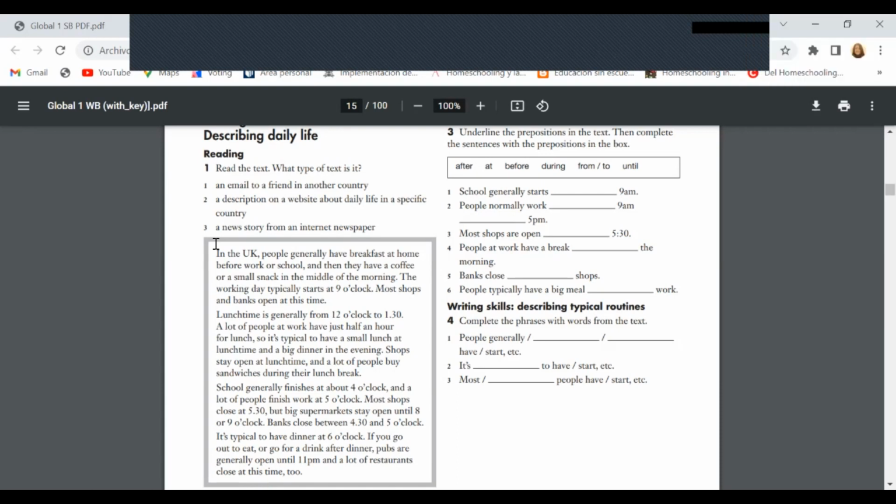Until. Until, good. ¿Cuál de estos sería antes? Before. Después.